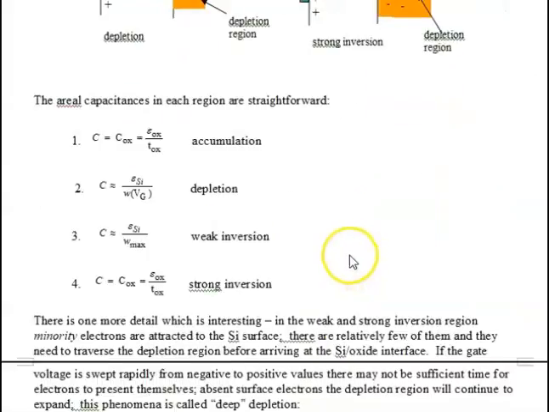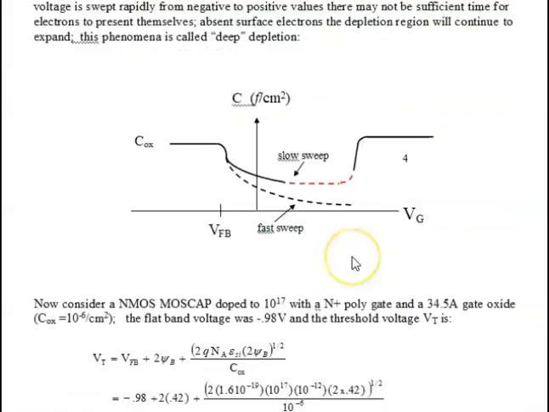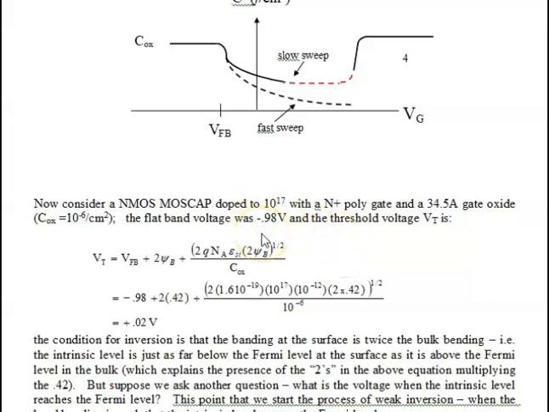Let's start with the example from session 31. We have an NMOS capacitor, doped to 10 to the 17th, a moderate doping, with an N plus poly gate. So we have a flat band voltage of about a volt or so, and about 34.5 angstroms gate oxide thickness.